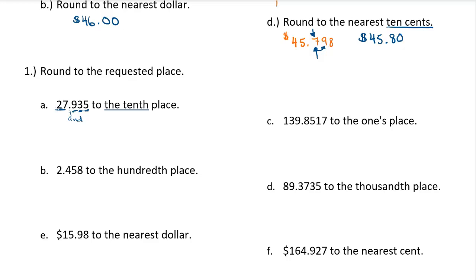So notice you state the number that you normally would, right? 27, and indicates a decimal. And then you state the full number as though that's all you're looking at, 935, and then figure out what place the last number is in, which in this case is the thousandth. So it's 27 and 935 thousandth. And we are rounding it to the 10th place.